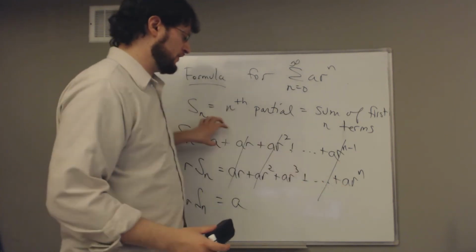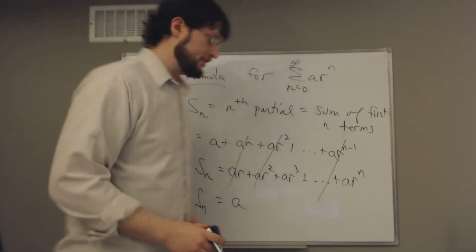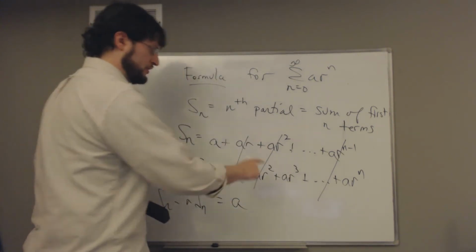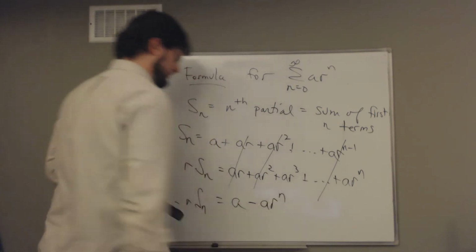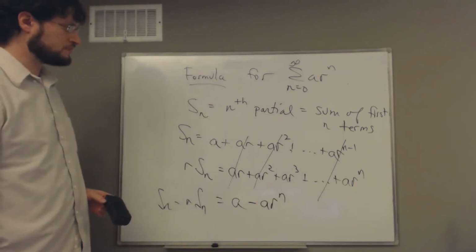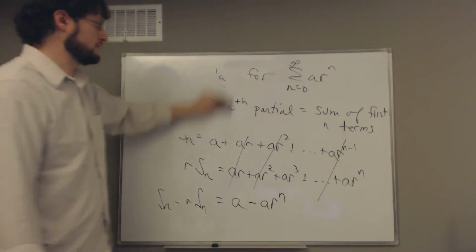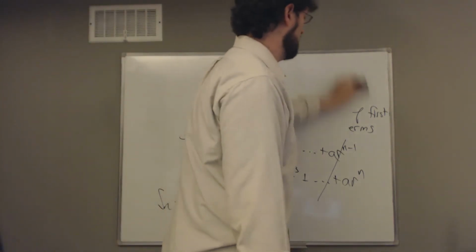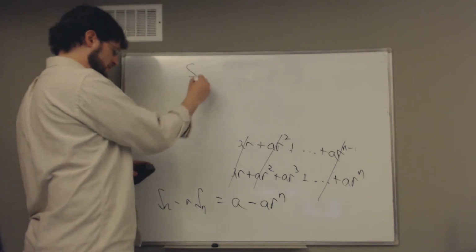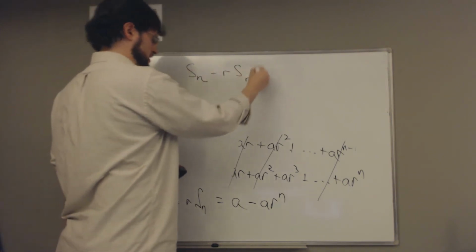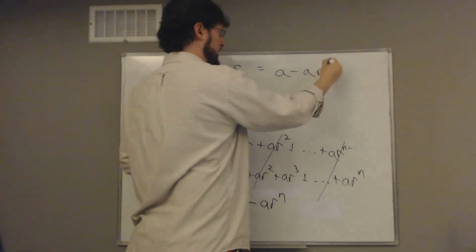The only thing that's left is the very first and the very last term. So we get, but since we're subtracting, this is now minus ar to the n. So that means that Sn minus rSn is a minus ar to the n.